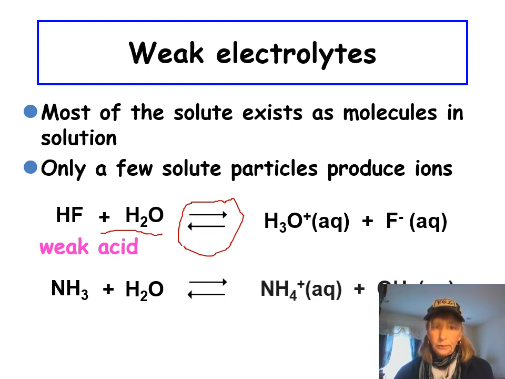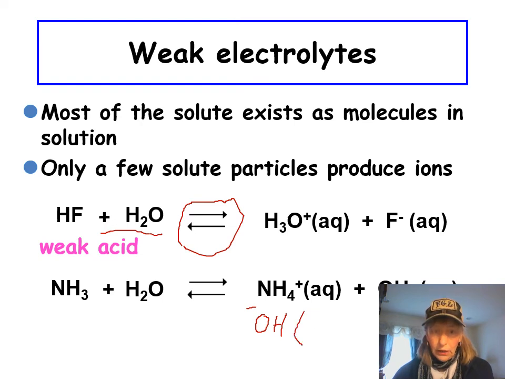We end up with our ammonia picking up the hydrogen, so it's NH4 plus. And the other one here that we can't see, hiding under here, is OH minus, our hydroxide ion. And then there's the AQ.